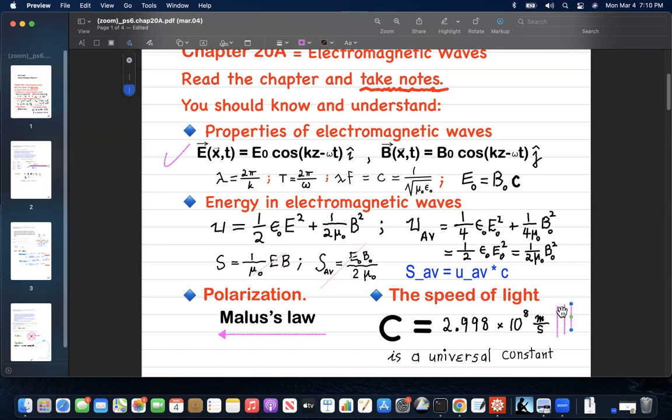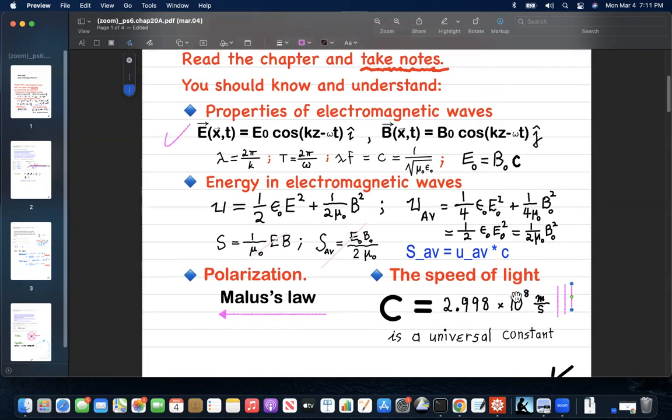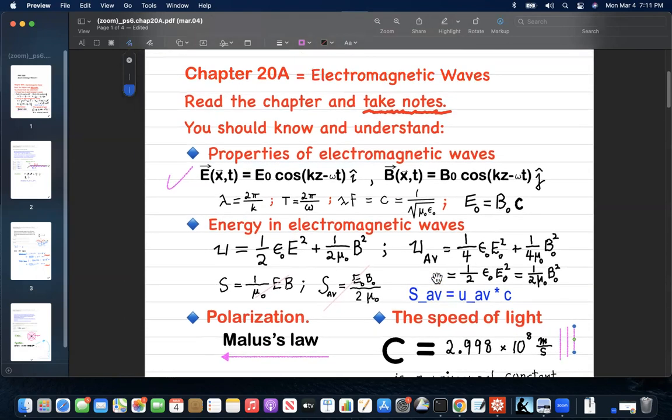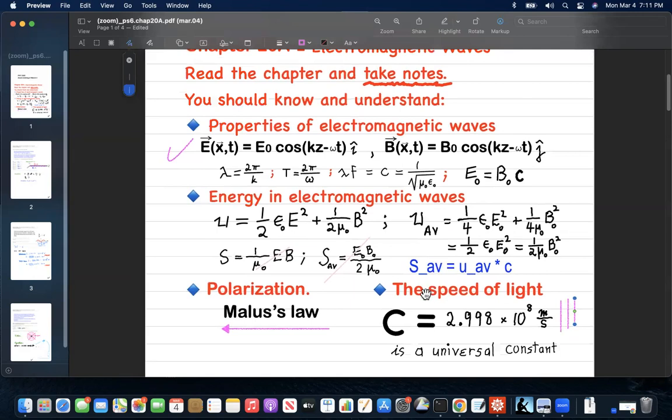And that's how people discovered light is an electromagnetic phenomenon. This will be very important in part 2 of chapter 20.